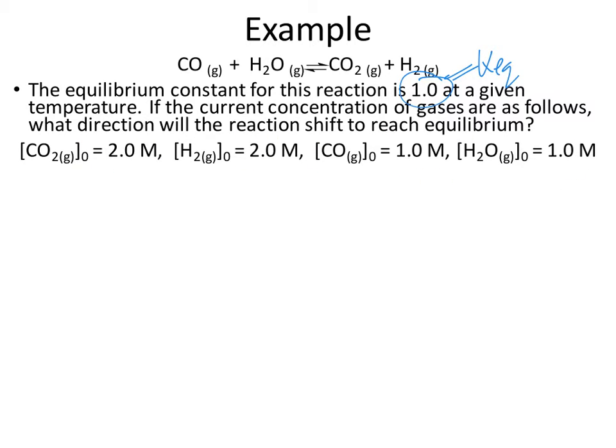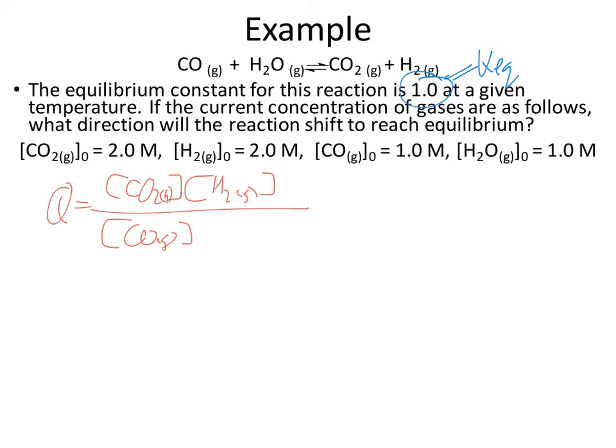So what we have to do is find our reaction quotient. Again, products over reactants: concentration of CO2 gas multiplied by H2 gas, over concentration of CO gas multiplied by H2O gas. So we sub in our samples here.